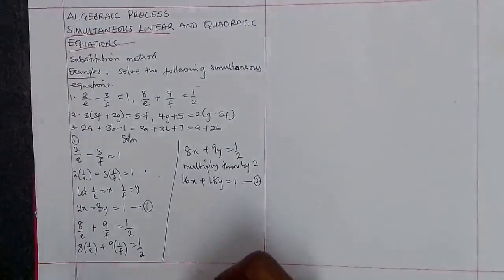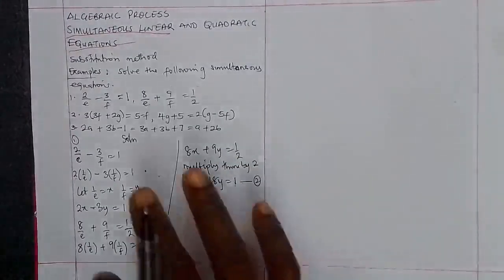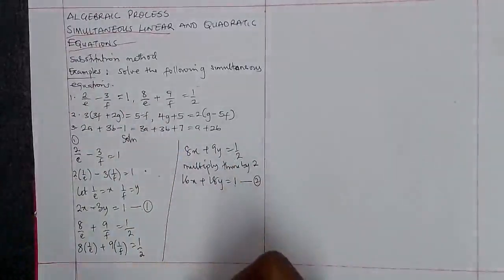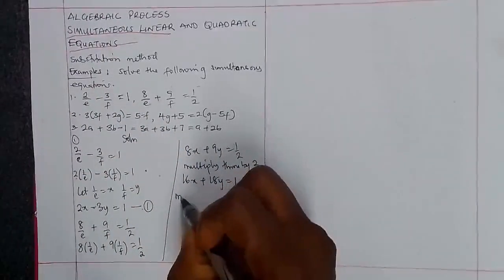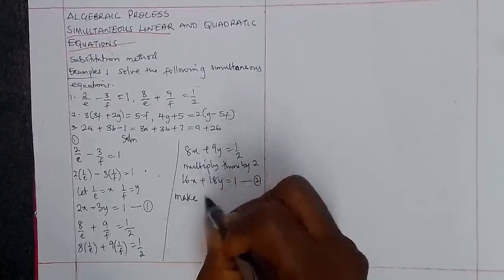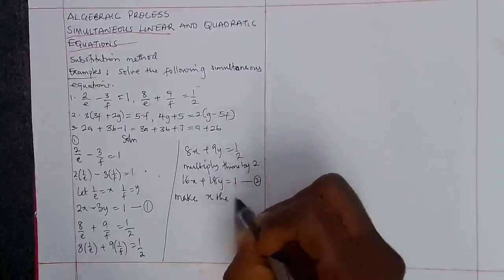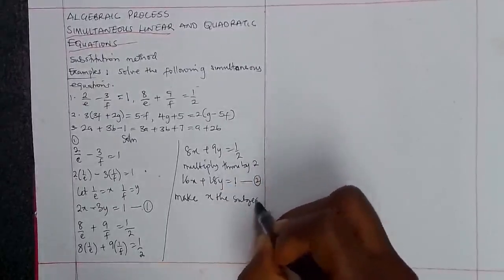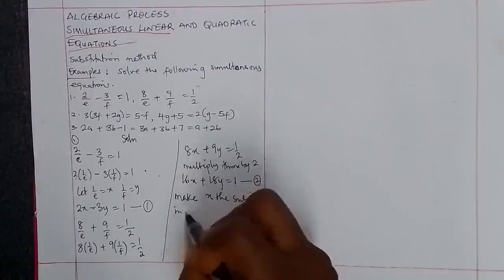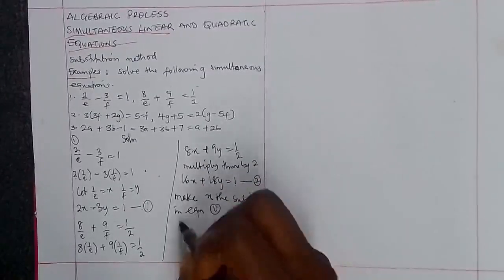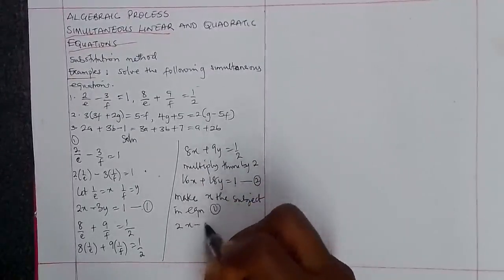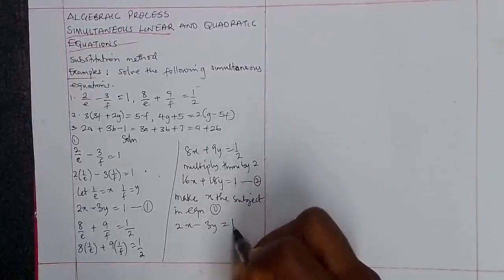With the knowledge of subject of formula, that's what we use to solve by substitution method. So we say make x the subject in equation 1. Equation 1 is 2x minus 3y is equal to 1.